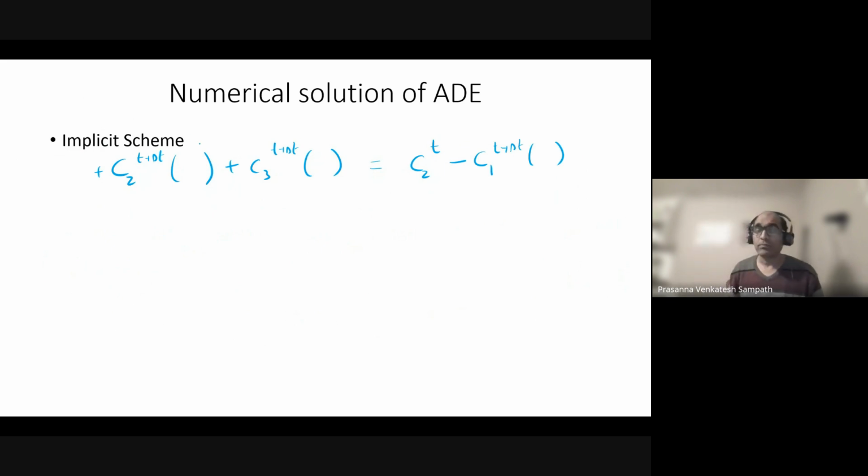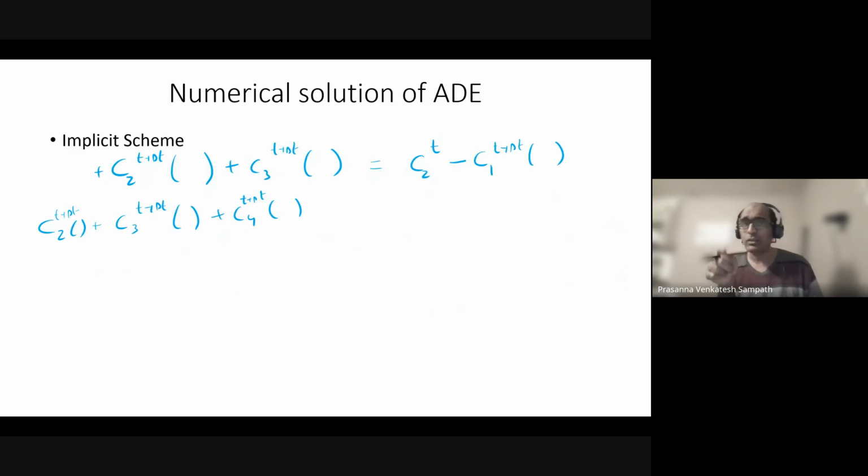Then I'll write this for C3. It will be C3 at t plus delta t times some constant plus C4 times some constant at t plus delta t. And then there'll also be a C2 term, right? C2 at t plus delta t times the constant.